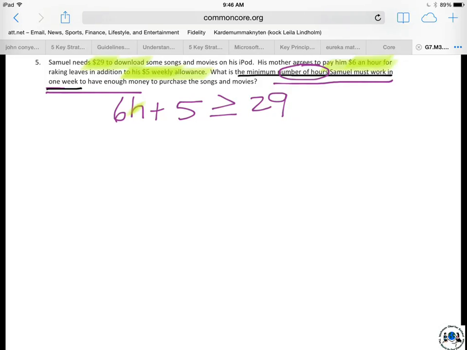He needs $29 to download some songs, so he has to earn at least $29. So he can earn exactly $29, which would be fine, which is why we have the or equal sign too. But it has to be either more than that or equal. Okay, so let me go ahead and hit the button here, and we'll watch this solution grow. Put a little speed on it.